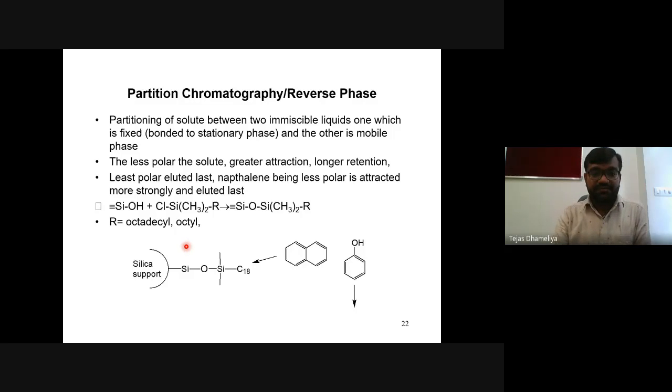Once we have converted this into an 18 carbon containing long alkyl chain, then it is a non-polar stationary phase. Now it is open to interact with naphthalene, which is a non-polar compound, but it is not going to interact with phenol because it is polar in nature. Non-polar interacts with non-polar, non-polar will not interact with polar compounds.